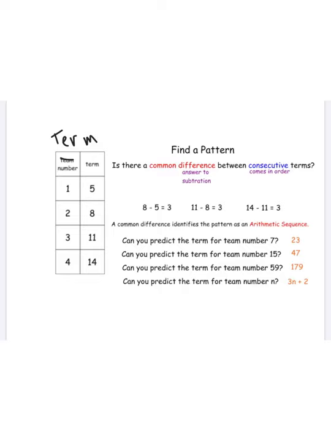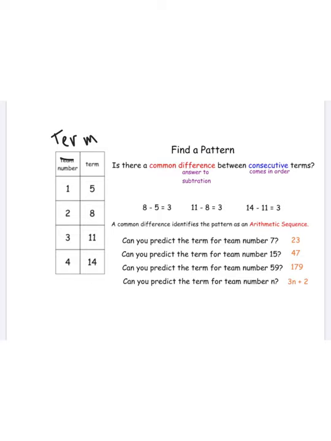The difference between 11 and 8 is 3, and the difference between 8 and 5 is also 3. Because that sequence has a common difference, we can also call it an arithmetic sequence, which just means that it has a common difference. So we want to use this fact to be able to predict what our term numbers are for the particular term that's given.